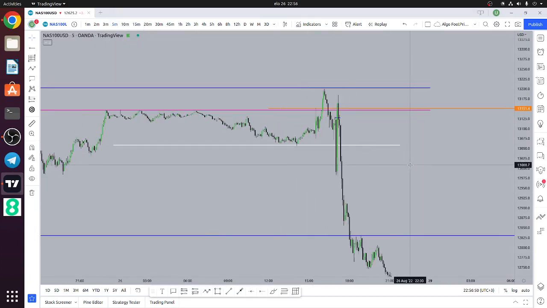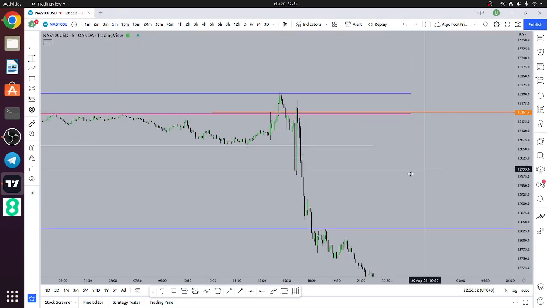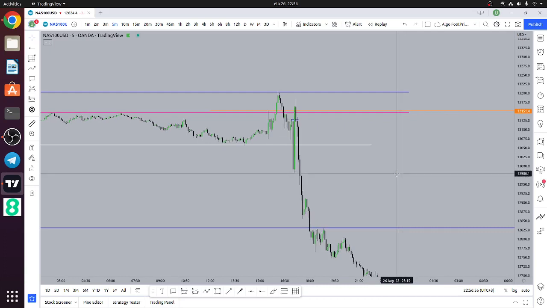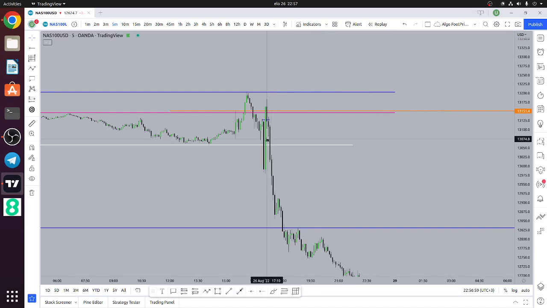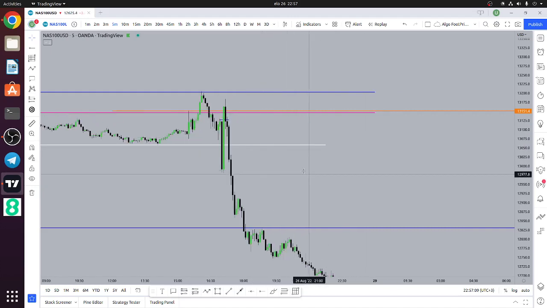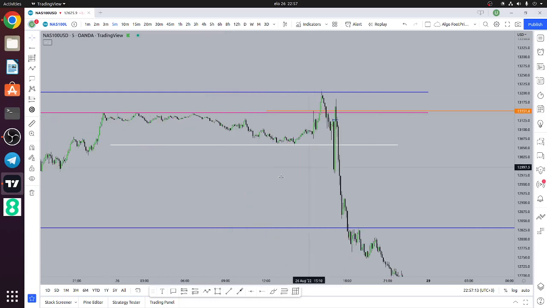M5, now this is where I made my entries, and I'll show you how I made my entries. So this was news. This candle, there was a huge sell. Remember, when there is a huge sell, there's gonna be some imbalance left in here. Price has to come and fill.